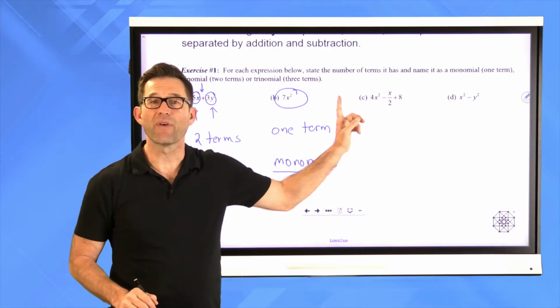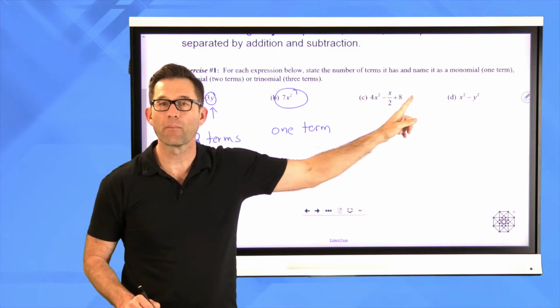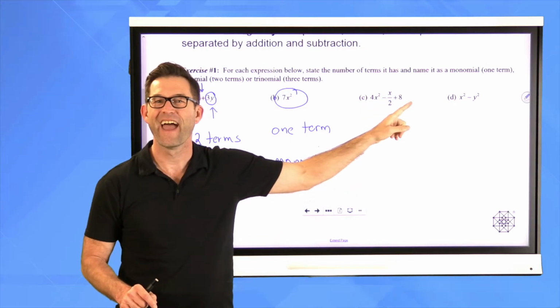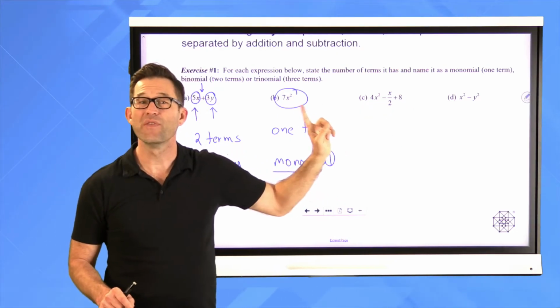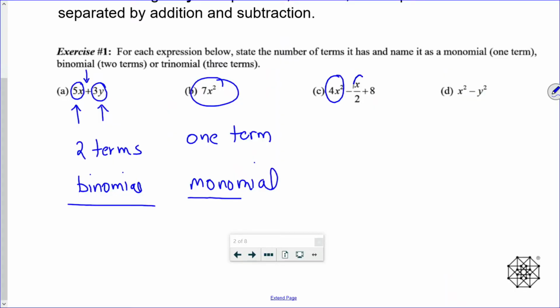In letter C, we've got 4x squared, we've got x divided by 2, and we've got the number 8, and they're being separated by a subtraction and an addition. All right? So this thing has 3 terms. Right, here's a term, here's a term, and here's a term. So there are 3 terms, and it is a trinomial.